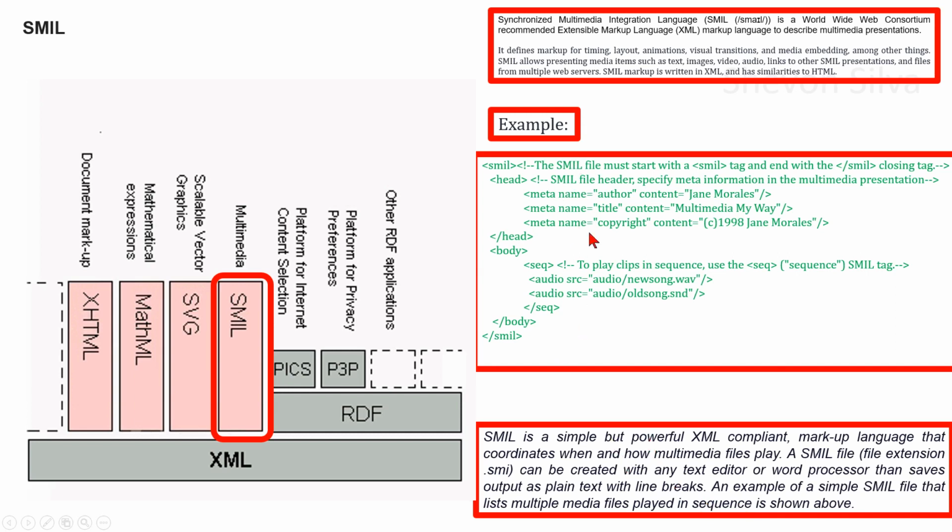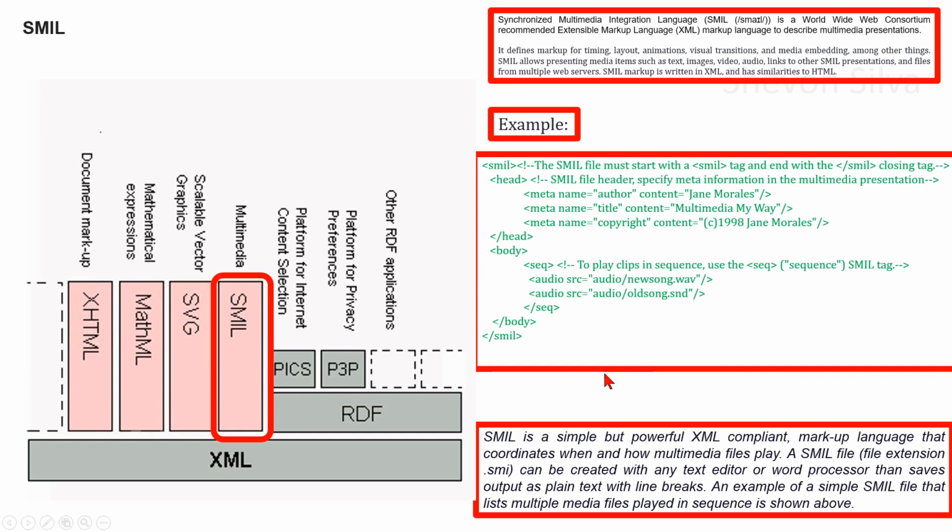SMIL is a simple but powerful XML-compliant markup language that coordinates when and how multimedia files play. A SMIL file, with extension .smi, can be created with any text editor or word processor, then saved as plain text with line breaks.